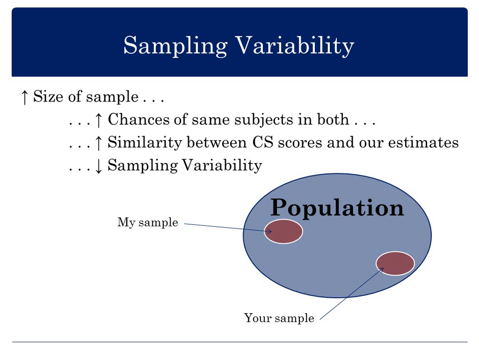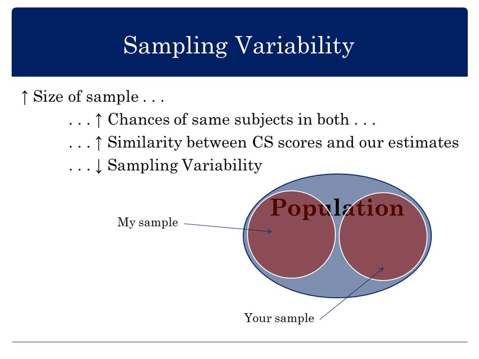So it makes sense that my sample mean would be similar to your sample mean if, of my 10 subjects, 3 of them were also in your sample. So I decrease the variability in our two sample means simply by increasing the sample size.